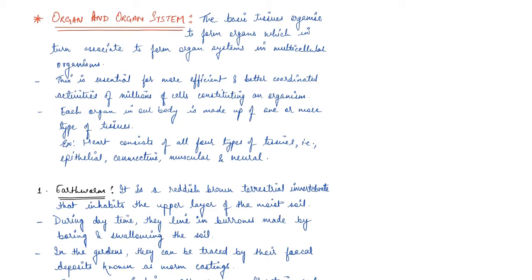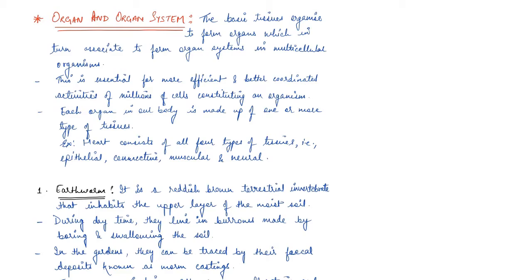Now, guys, earthworm is a reddish brown, terrestrial invertebrate. So basically, it's an invertebrate which lives on land, in the uppermost layer of the soil, which is moist. Now, during daytime, it lives in burrows, which are made by the earthworm itself.